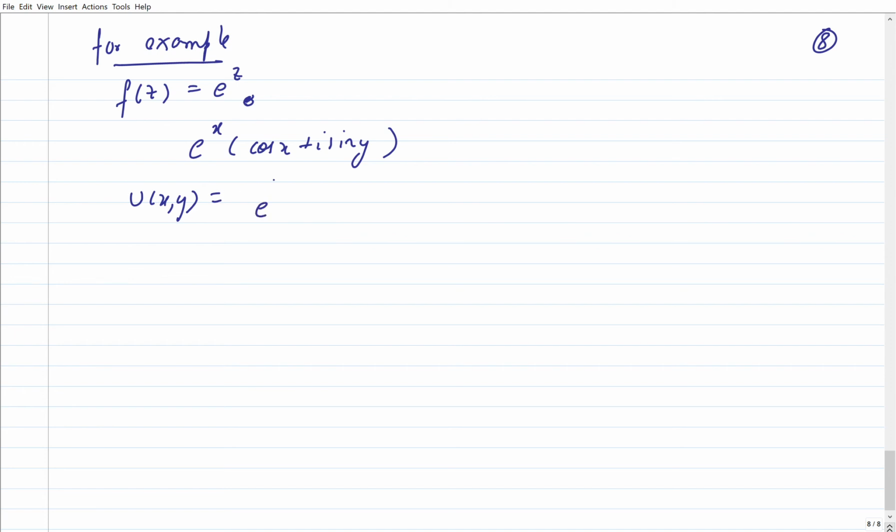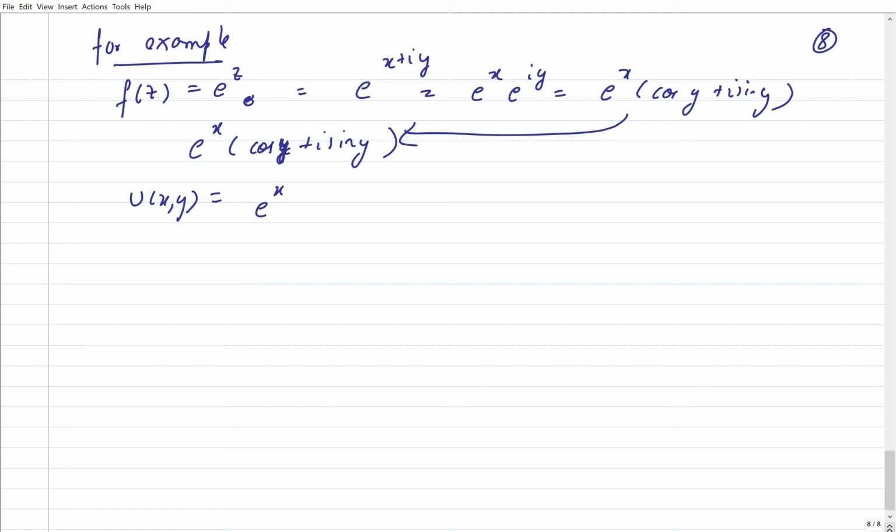With z equal to x plus iota y, that's going to be e to the power of x plus iota y, which is e^x times cosine y plus iota sine y. So that's my function. This is the function I'm considering.